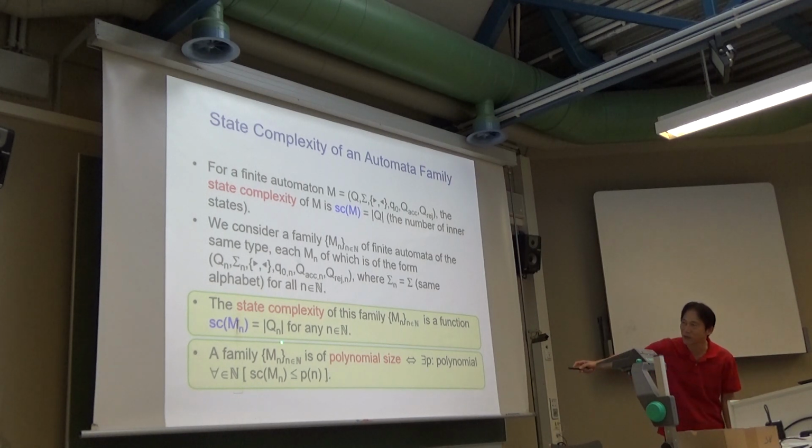Okay, so this is the function. Now the family of finite automata is said to have polynomial size if this state complexity function is upper bounded by one particular polynomial. So I just keep using the word polynomial size. That means state complexity is bounded by a polynomial.